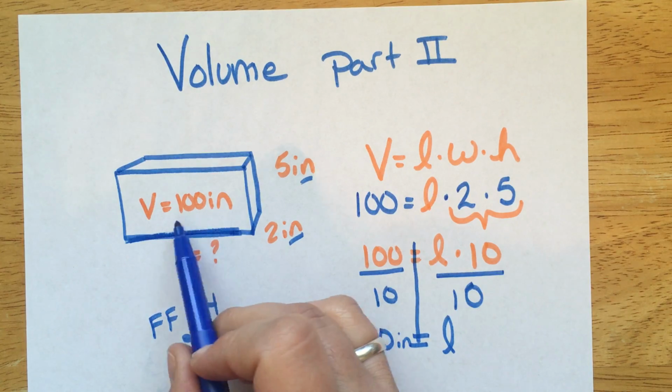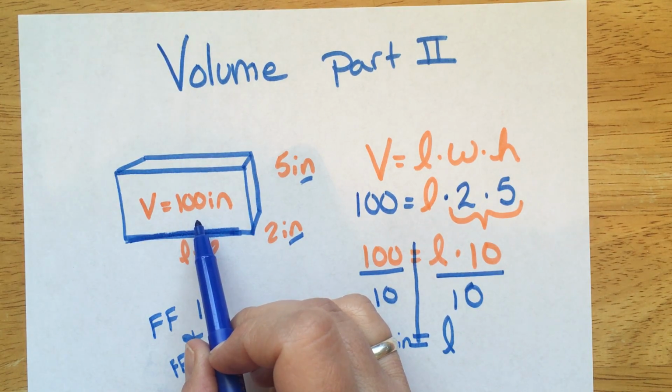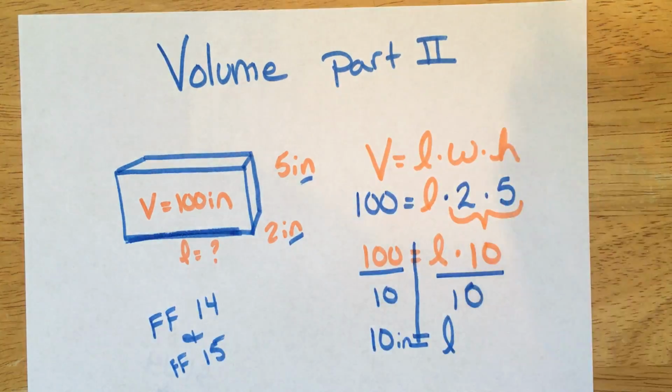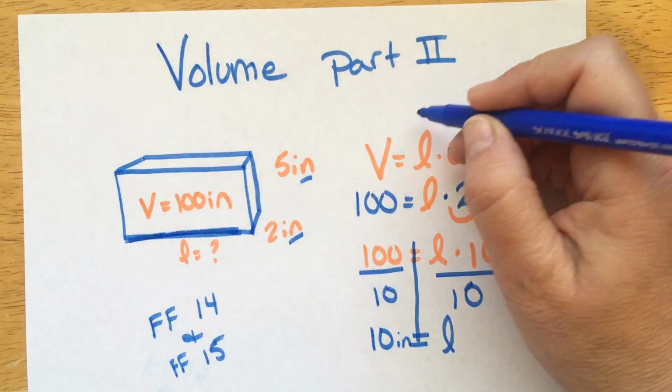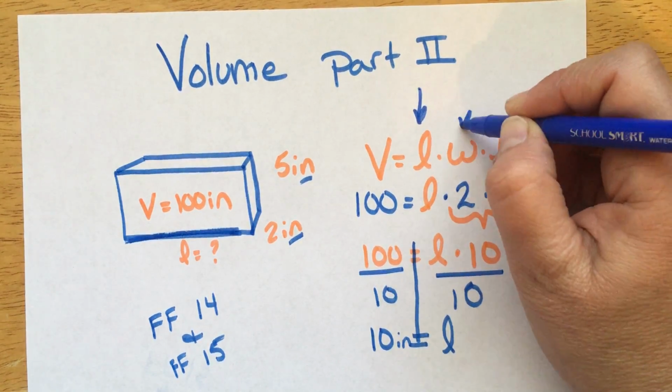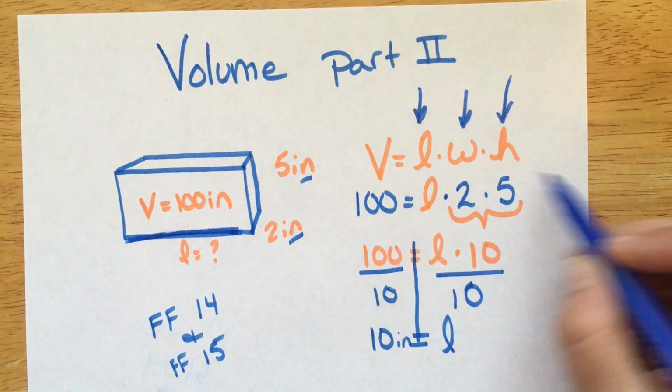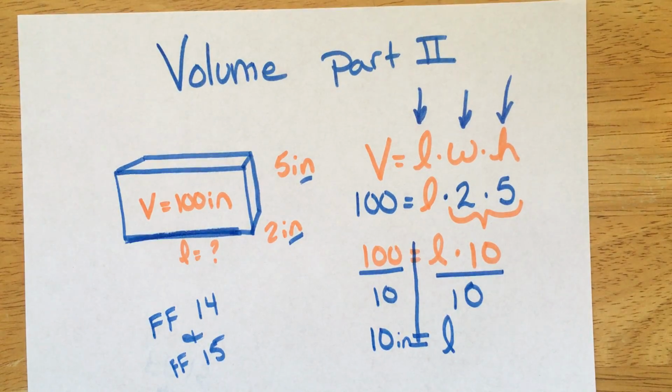You might have some where you have to be given the volume and take it back out. And FF15 is the same thing, it's word problems, but I don't want you to be afraid of the word problems, because again, you're just picking out the length, the width, and the height, and you're multiplying those together. And of course you get to use a calculator, so don't forget to do so. That will make it go so much faster.